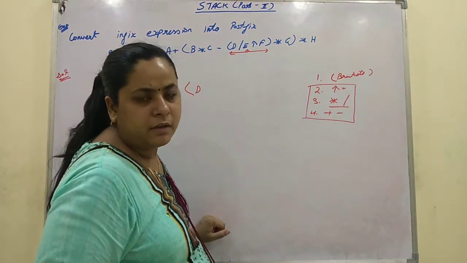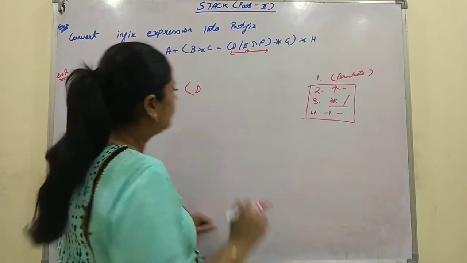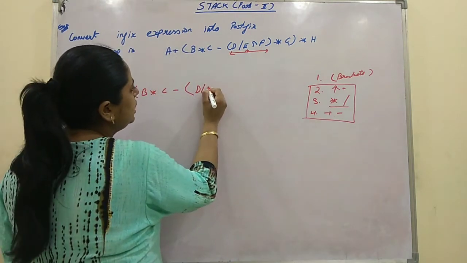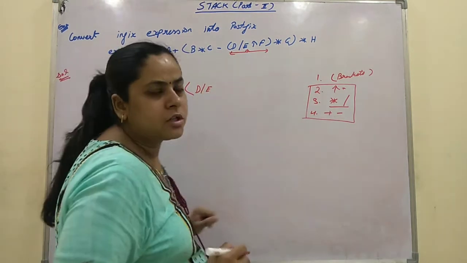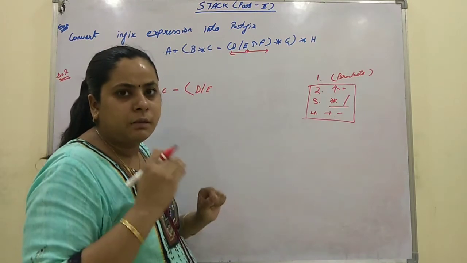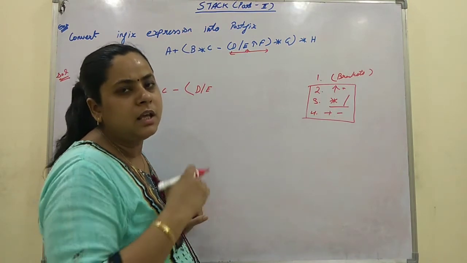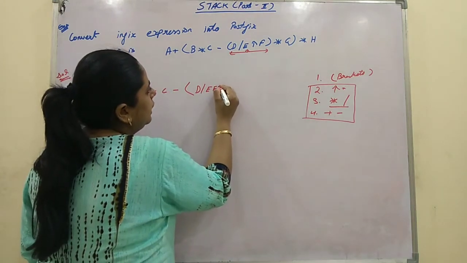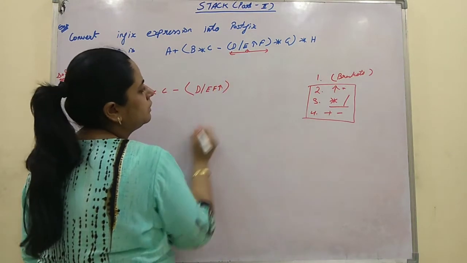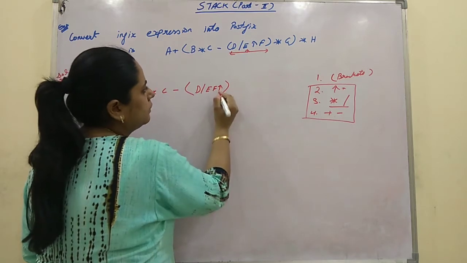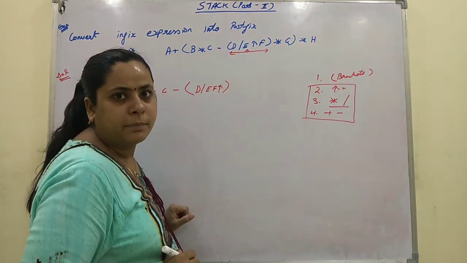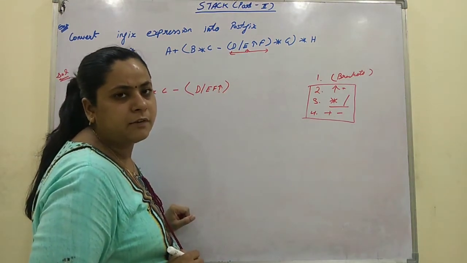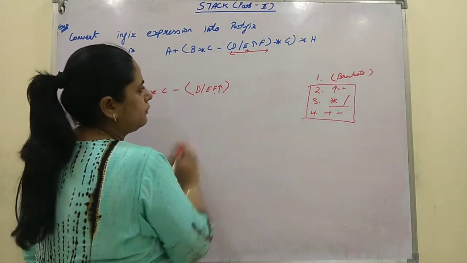Exponent is having the highest precedence order. So D slash E. Postfix means what? Postfix means the operator will come after the operand. So F, and this operator comes after the operand F.